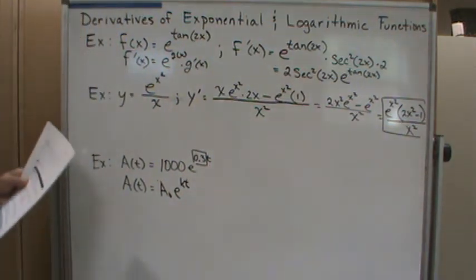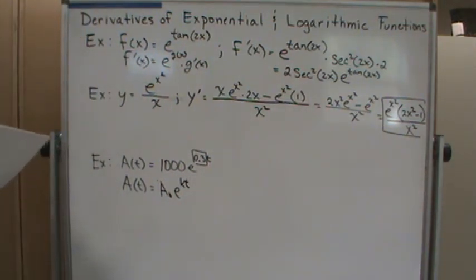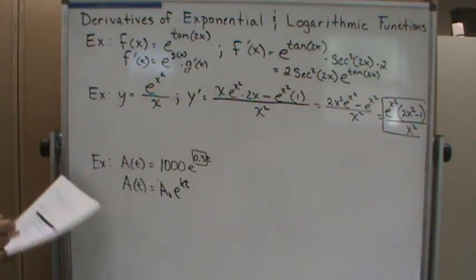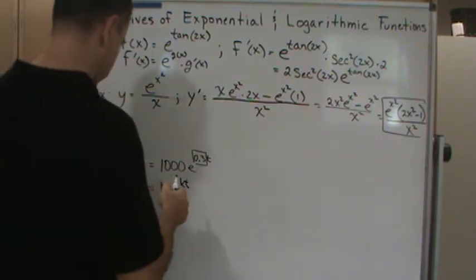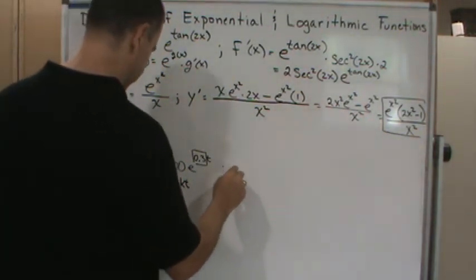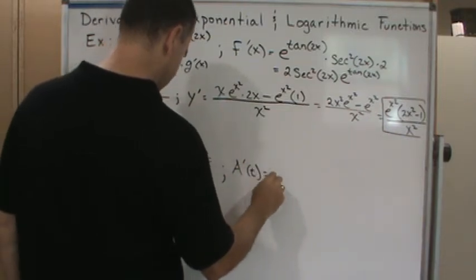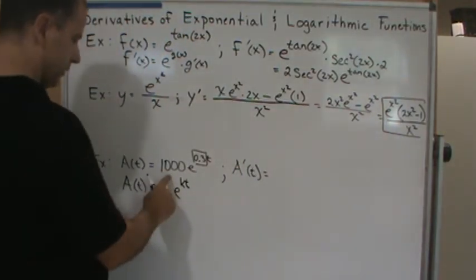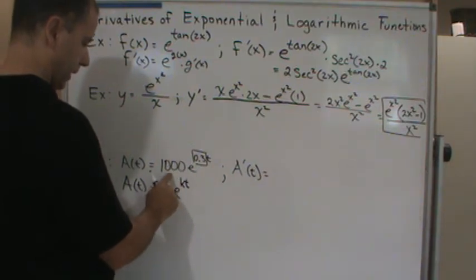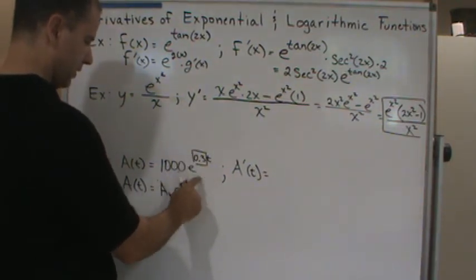So what they want us to do is show that the ratio of the rate of change of the population, A prime of t, to the population A of t is constant. Okay, so let's do that. What's A prime of t? Well, this is just a constant multiple of this function.